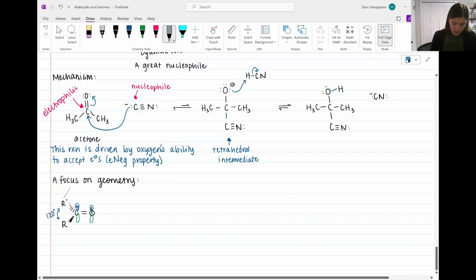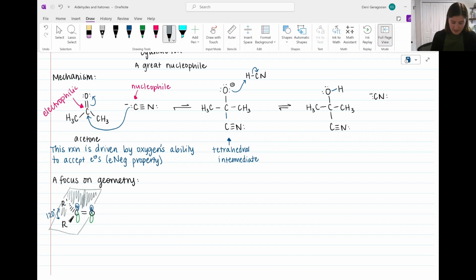So if we draw, just kind of trying to show that all of these atoms would be in the same plane. So this is meant to show a 2D plane right here. Let me recolor that.